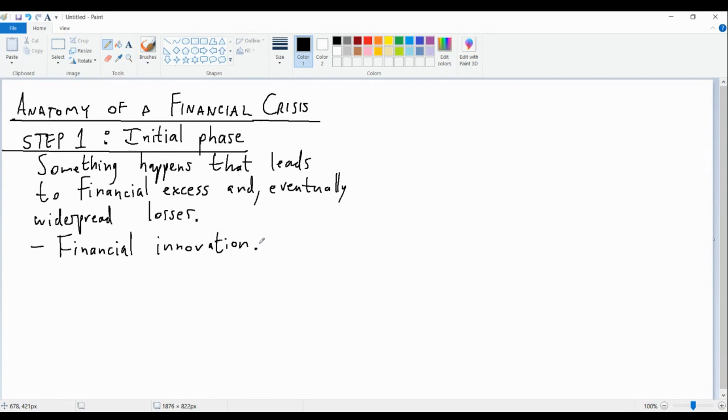But there could be other things. There's another example of financial innovation. When derivatives started to become popular in the 80s and 90s, a lot of people remember that if you're buying an option, you're protecting yourself from certain downside risk. But if you sell an option, you're exposing yourself to unlimited downside risk.